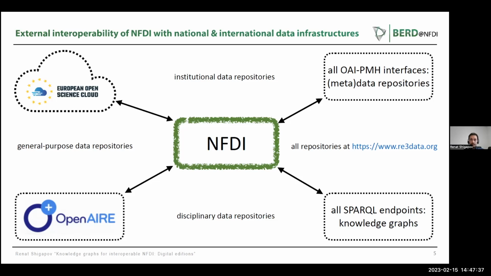And we can mention here two very important APIs: OAI-PMH interfaces, which are used for harvesting, and also SPARQL endpoints, which represent knowledge graphs. If we want to make NFDI externally interoperable with all those international and national data infrastructures, the data repositories in NFDI should have those interfaces as well.